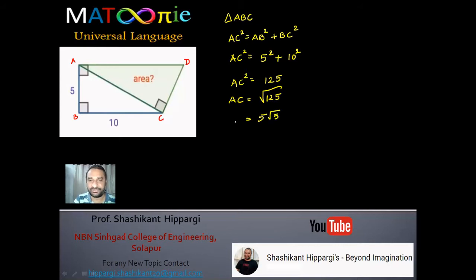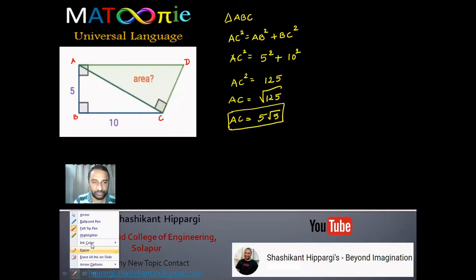This much everybody can understand very easily. I have solved step by step so that you can understand it more correctly. So we have got the value of AC as 5 root 5.